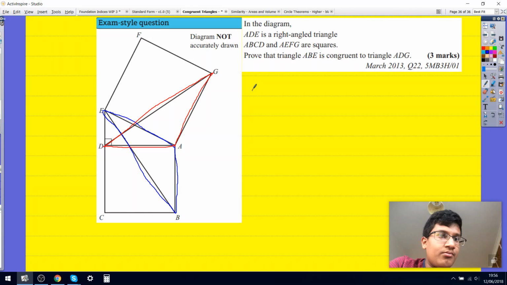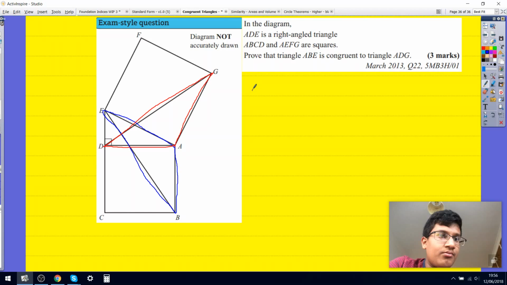So say BE is the same as DG. Why is that? Is that side not a right angle? So that there would be EG.